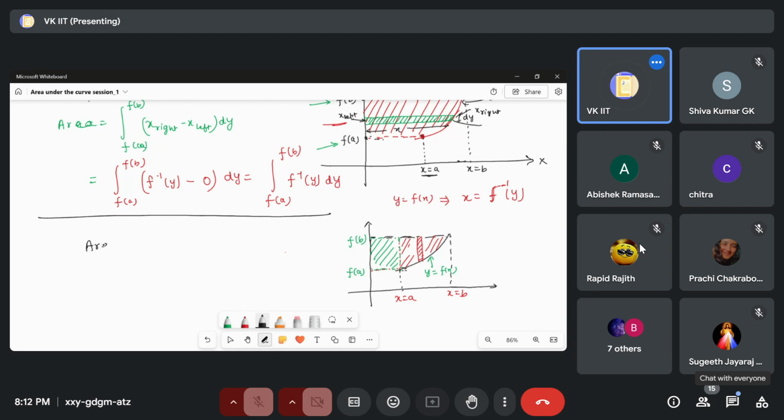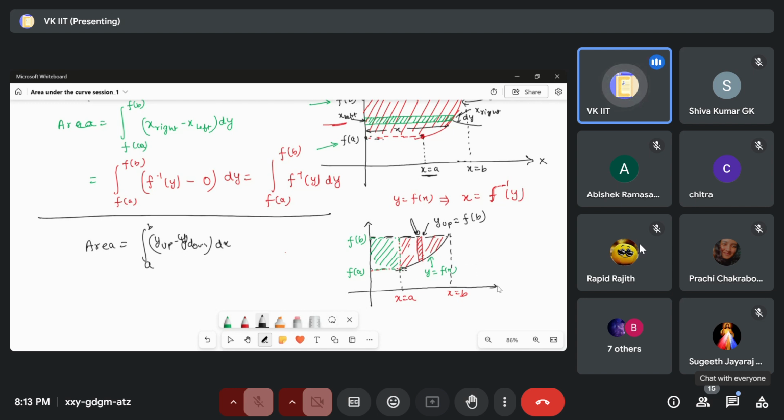The area will become nothing but, vertical strip you are considering from a to b, y up minus y down into dx. What is the value of y up here? Y up is nothing but f of b. Yes or no?